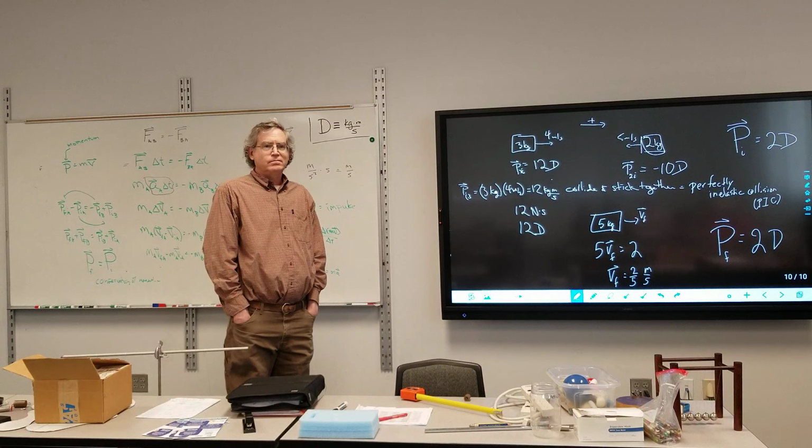That's the way I would write it, short and dirty. 12 minus 10 is equal to 5 v final. 2 is 5 v final, and then v final is 0.4. So that's in essence what we did over there. I wrote it out in this form because this will be helpful the next problem we do.